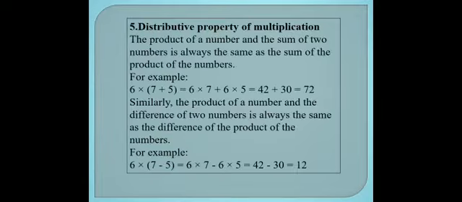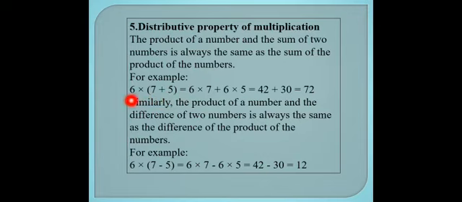Our next property is a little bit lengthy and also a very important property. It is the distributive property of multiplication. There are many ways to solve this. Here I have given you one example of the distributive property. Look here, 6 multiplied by the bracket 7 plus 5.